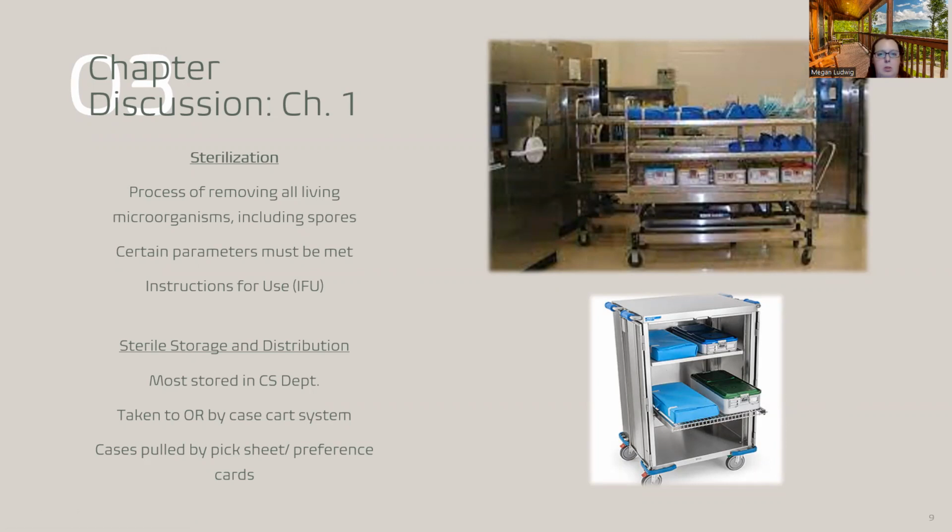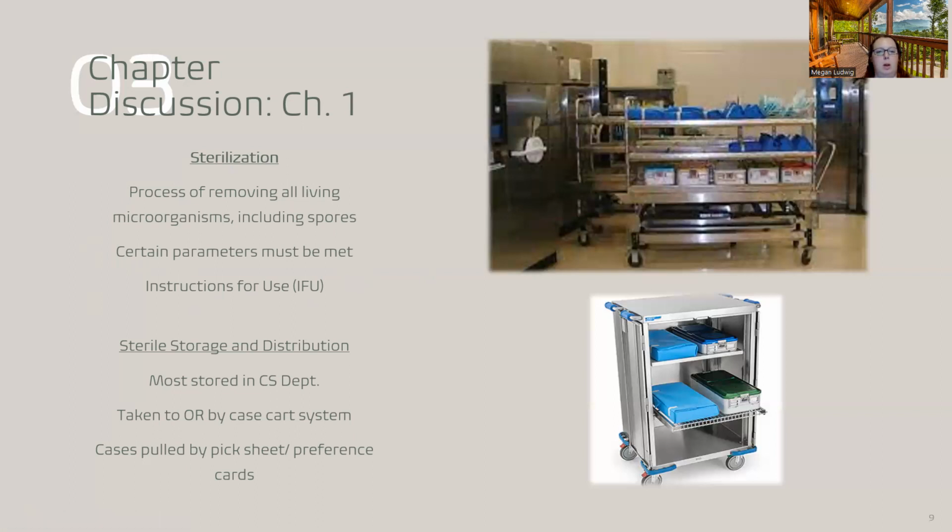It met those conditions for sterility. Now, things like a blood pressure cuff or even your regular gloves that aren't sterile are still considered clean or even surgically clean, but they're not sterile. So be very careful with this term. Okay. To make sure something is sterile in that machine, you have to make sure certain parameters are met, and those can be found in your instructions for use, IFUs.